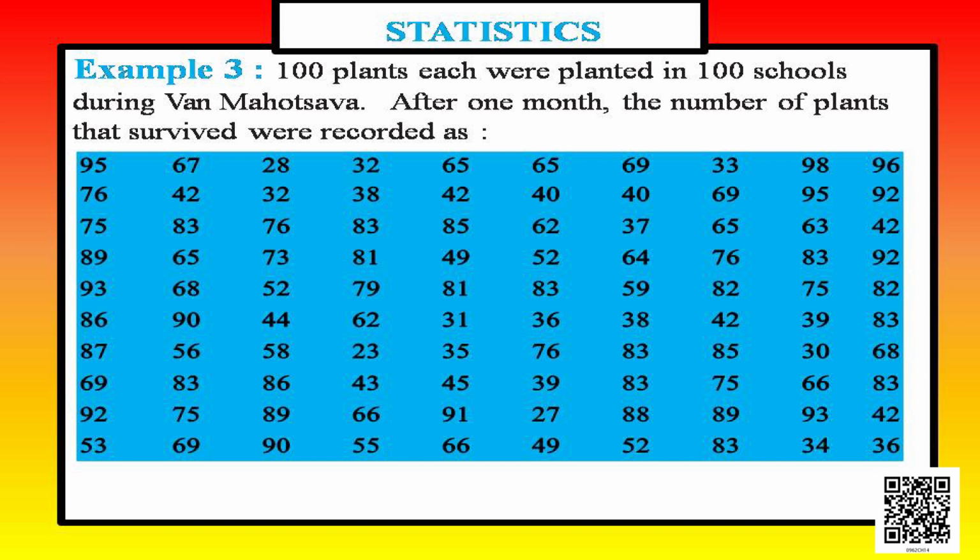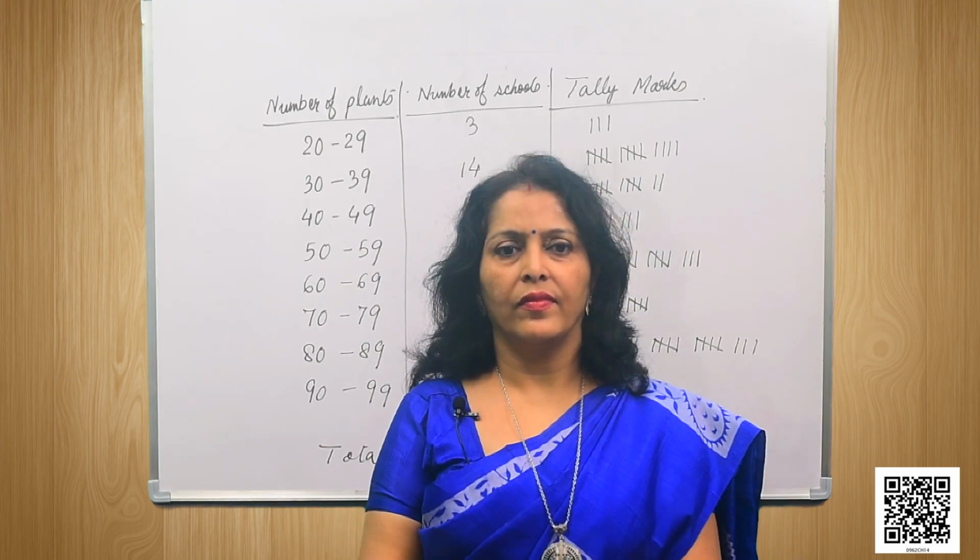All 100 numbers are given to you. For this we cannot make a group of all, because it will be too long to simplify or to get any information from that. So for that we make another table of classes, or classified frequency, or classified data.